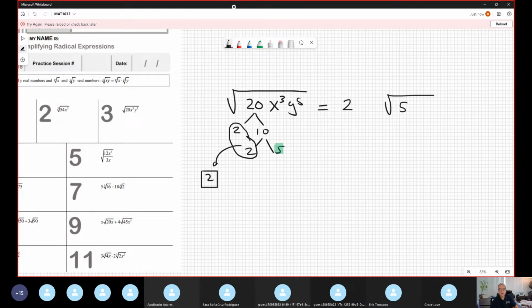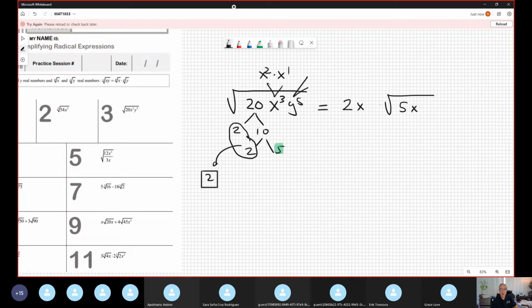Everyone follow me? Now the x part. I split x cubed into x to the second power and x to the first power. You try to find the even number close to 3. So x squared gives one x outside and one x stays inside.